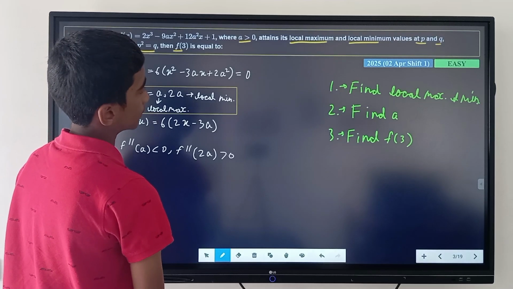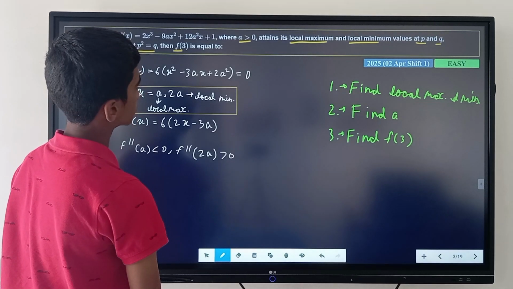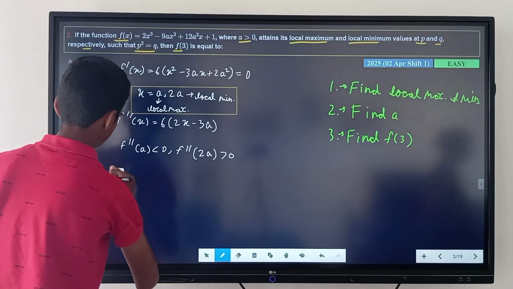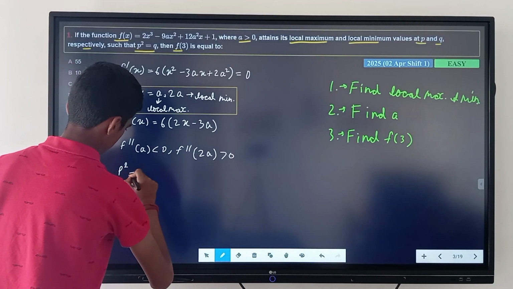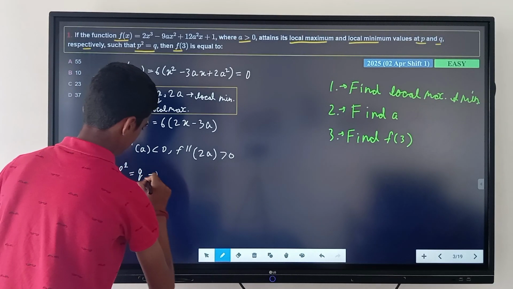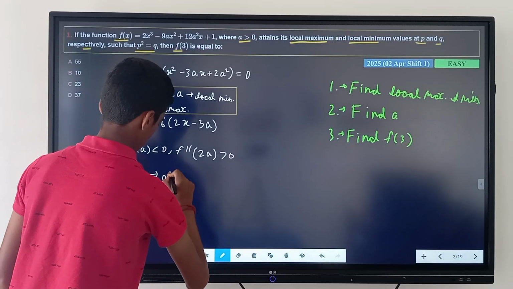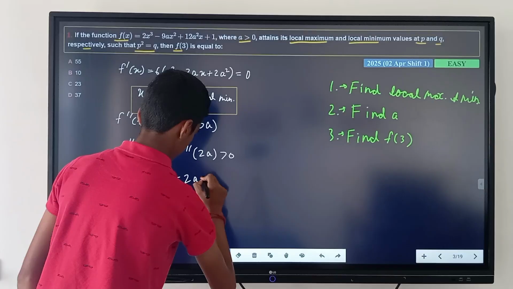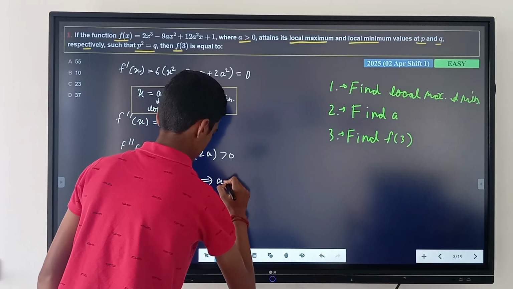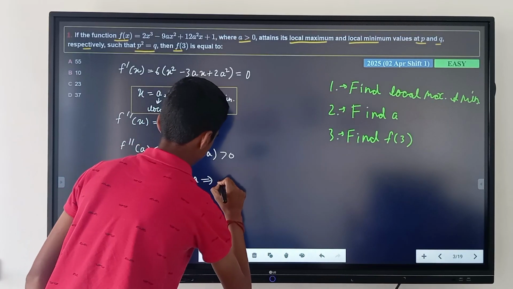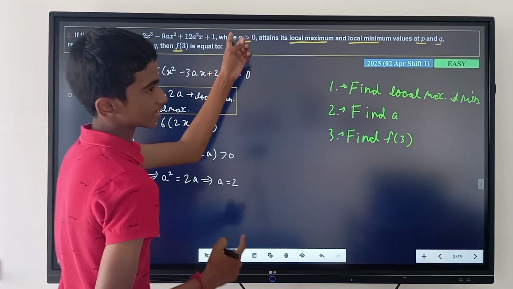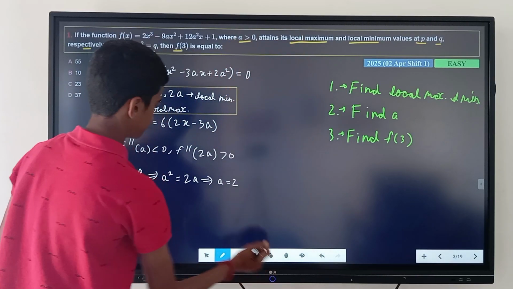Now our p is local maximum and q is local minimum, and p square is equal to q. From here we can say that a square is equal to 2a. From here a is equal to 2. A is equal to 0 will be rejected because a is always greater than 0.